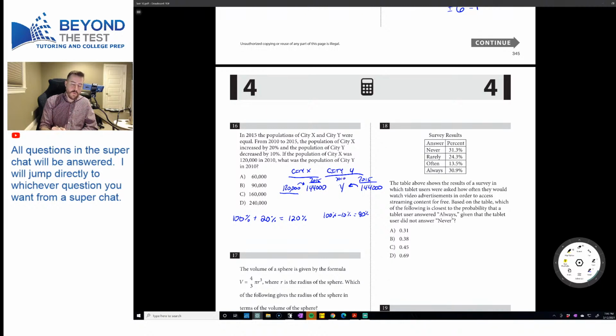Well, what I know is this decreased, so we have to have something that was bigger initially. So what we need to do is take 90% of Y, so 90 over 100 times whatever Y is, that's going to equal this 144,000. Now to solve this, you just multiply by the reciprocal, which is 100 over 90.